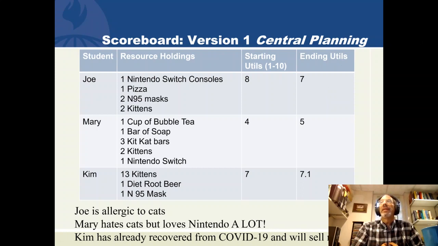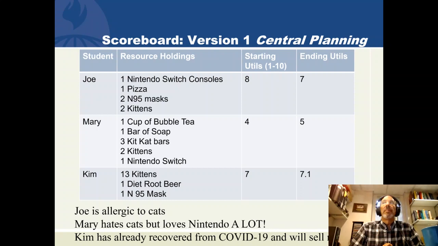Now, we can ask a little bit about whether this economy was fair. Was it fair in order to make these trades? Now, the dictator did look out for Mary and tried to make Mary better off with a Nintendo Switch. I don't think Joe feels it was very fair.